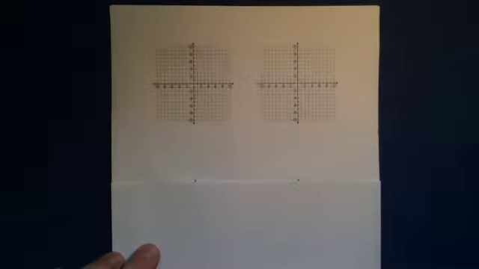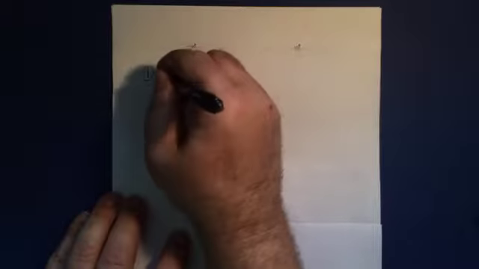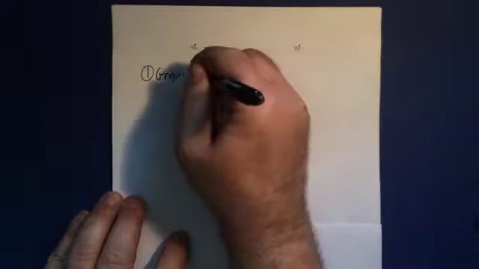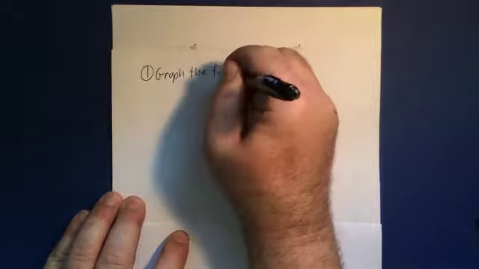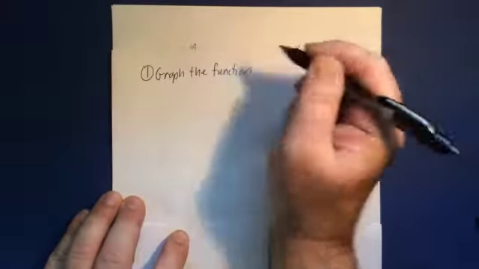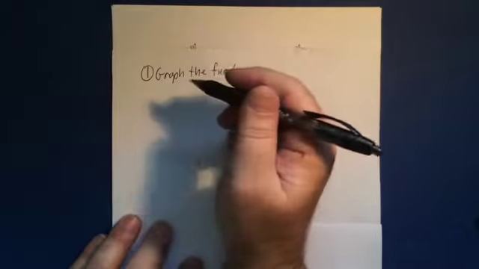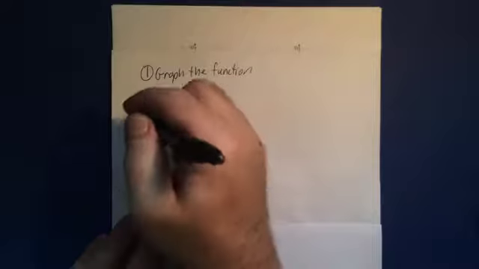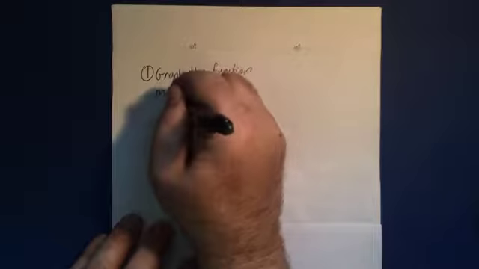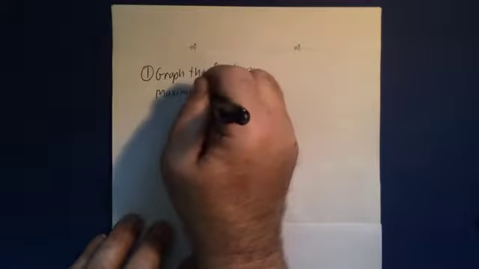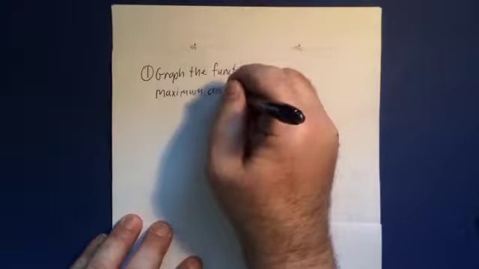I should clarify before we start what we're going to be asked to do with these questions going forward for this video. The first thing we're going to be asked to do is graph the function. You're going to be asked to find the maximum and minimum value.